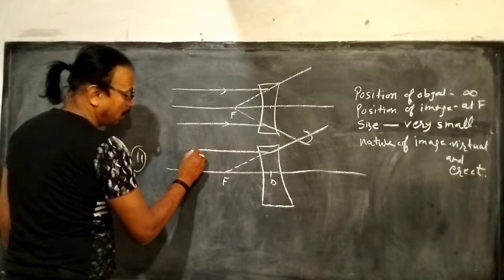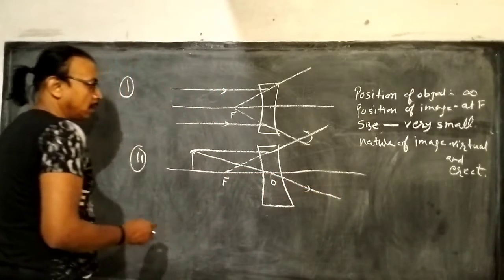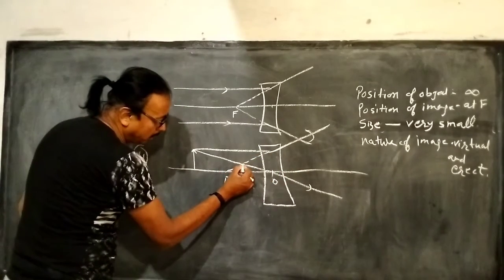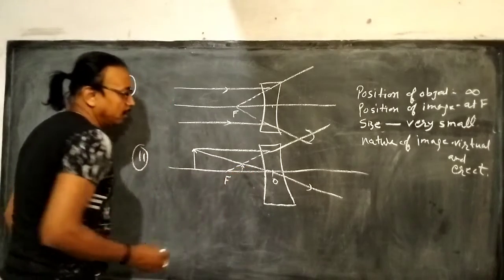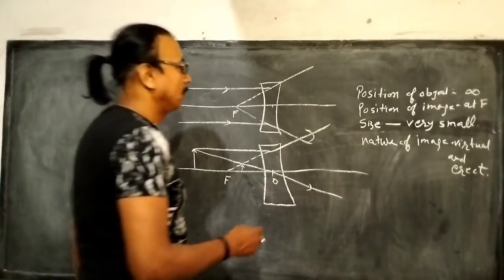Focus. The ray passing through the optical center passes undeviated, and the intersection is here. So a small size image is formed between O and F.